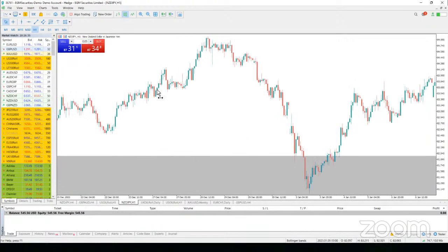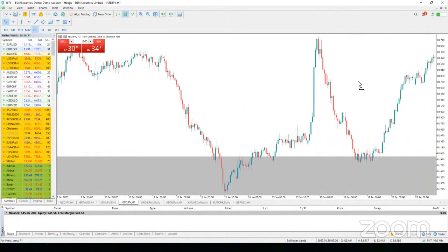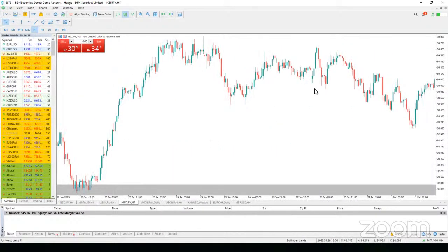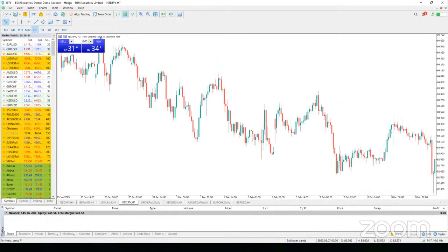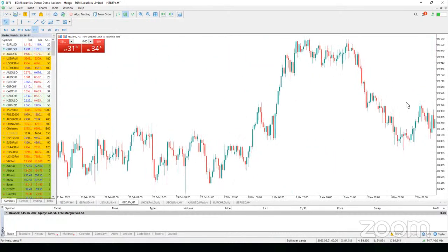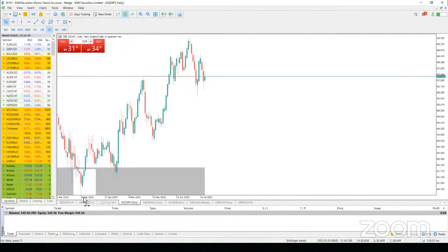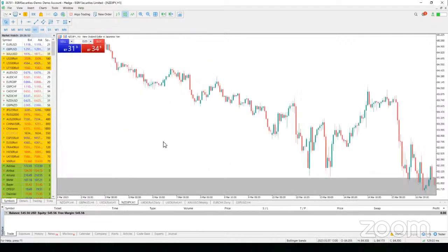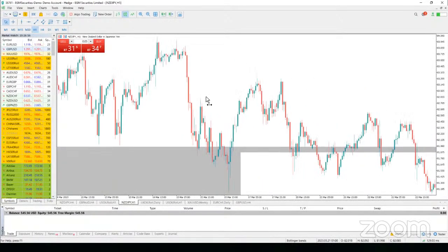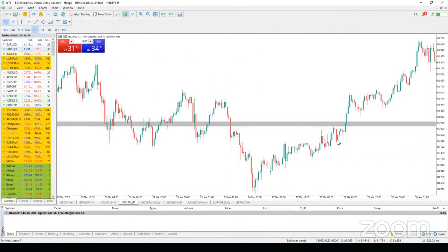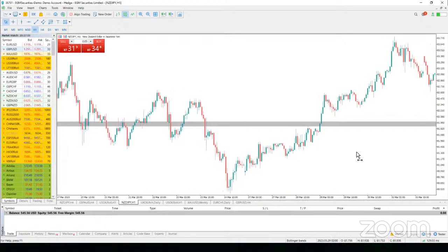Just a second, let me look for that section on 1 hour. So we see what we could have gotten there. It was around 24th March, 2023. This is the area where you're looking for that rejection candle.